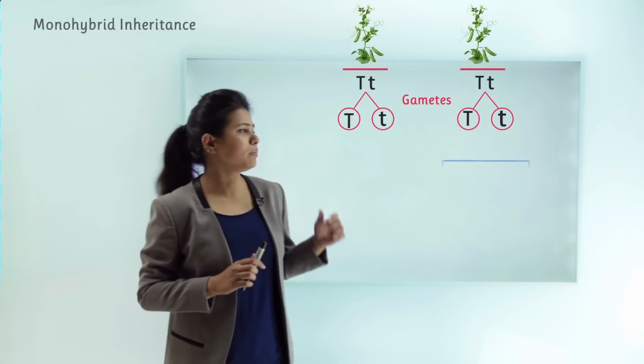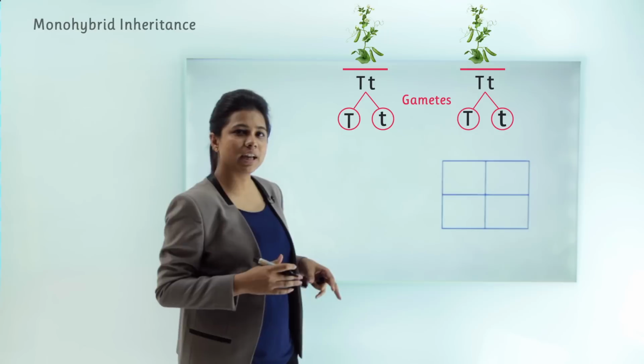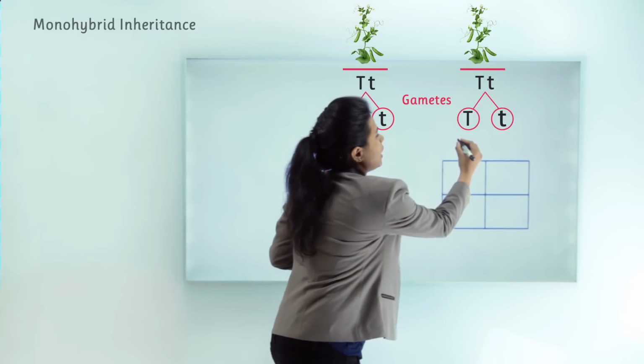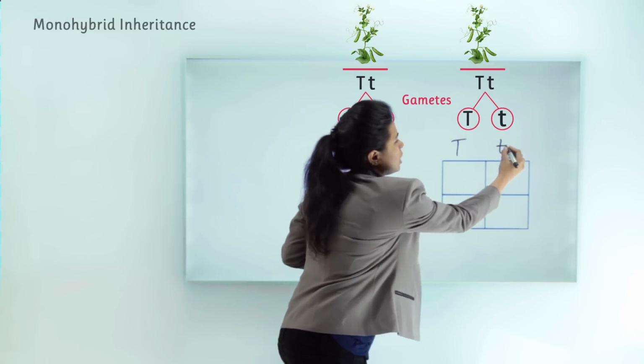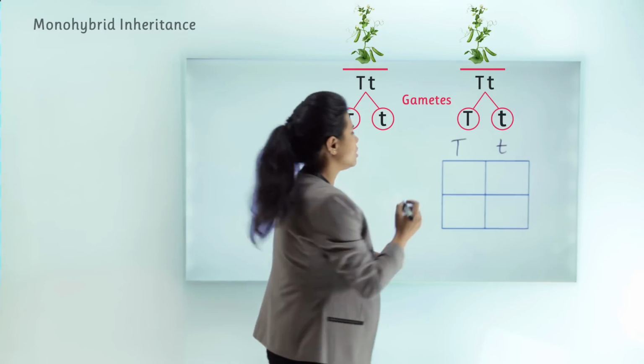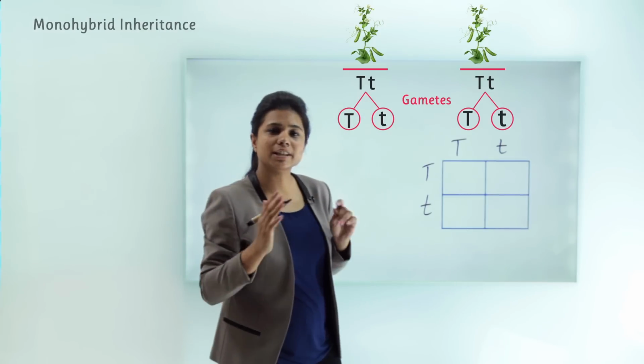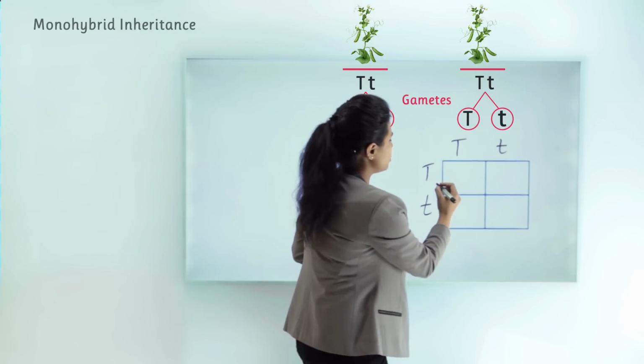Now, let's draw the Punnett square. We will again write the gametes, and since they are the same, we are going to write capital T and small t on the top, and on the left-hand side also we are going to write capital T and small t. Now let's fuse them. So we are fusing it.